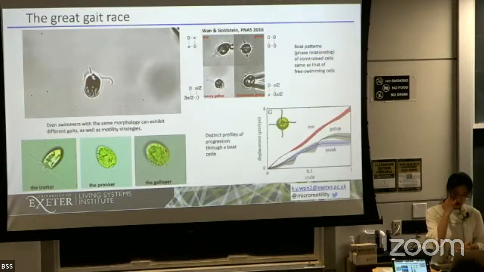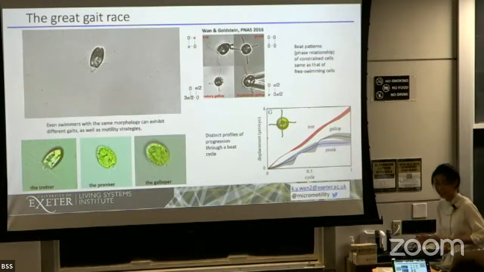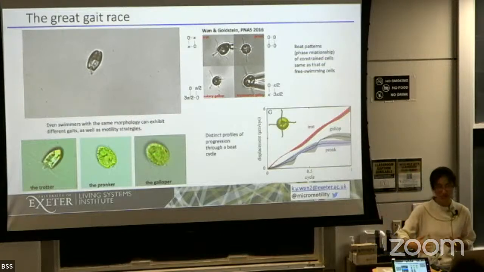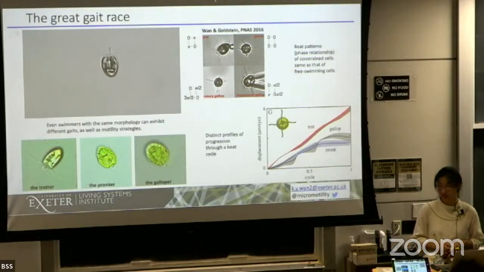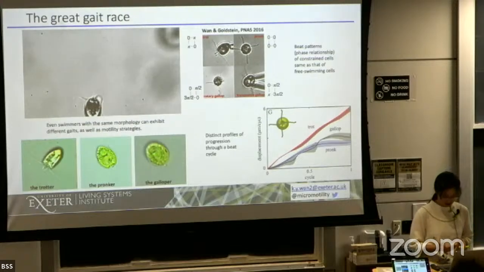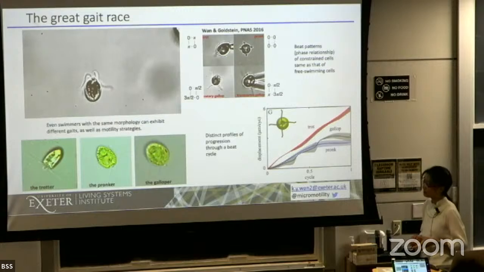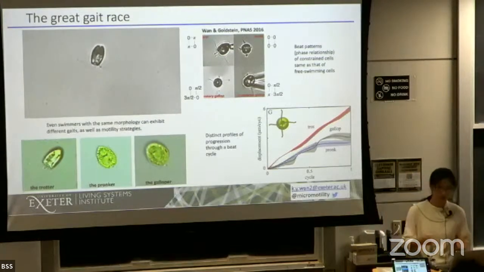And so our question originally was, does gait in this context make any difference to how much you swim, let's say, as a function of one beat cycle? Individually, going back to yesterday's lecture, each of these cilia are doing approximately the same stroke pattern.